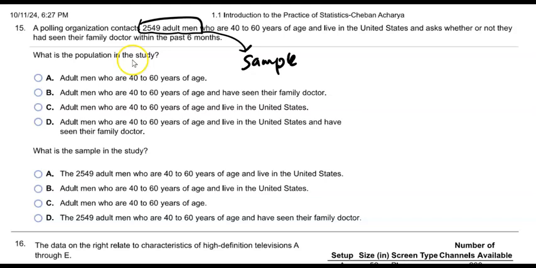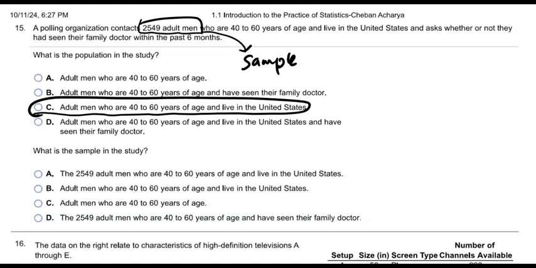So in this question, what's the population being studied? The population is the entire group, since this is the sample. The entire group is going to be all adult males of 40 to 60 years of age who live in the United States. So the answer must be C: adult men who live in the United States who are between 40 and 60 years of age.